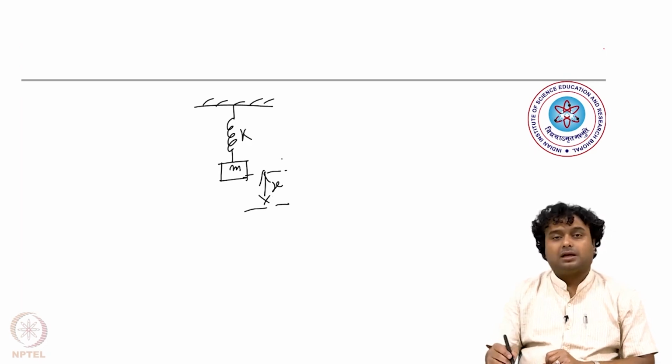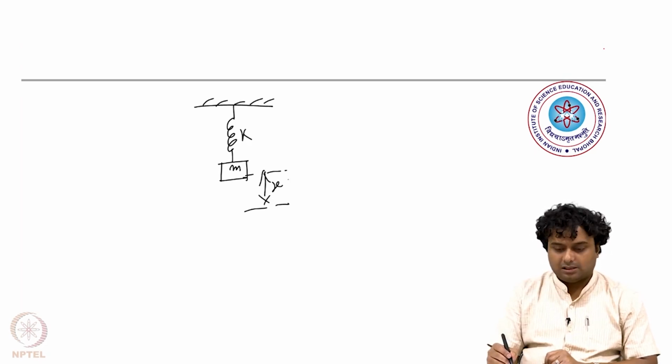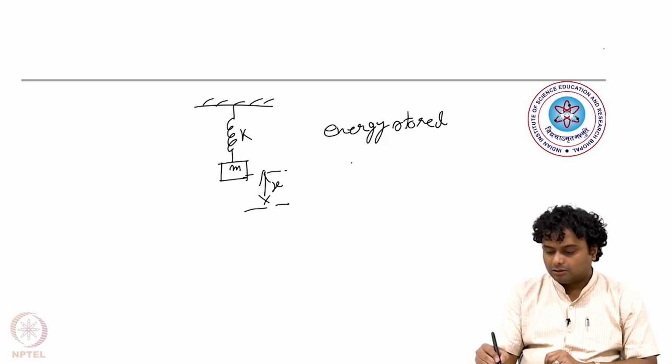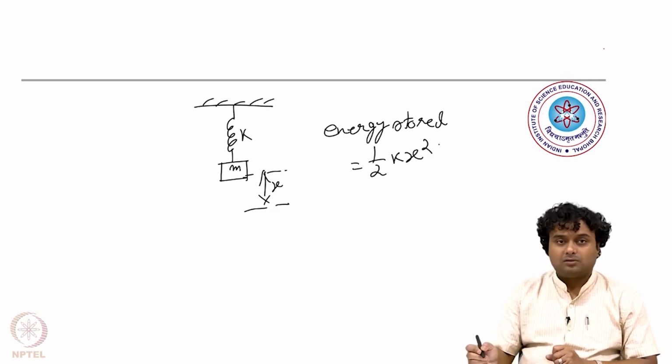Then while it is at a deflection x, the energy stored in it is equal to half k x square, and this you have probably already learned in 12th standard or some basic mechanics course.